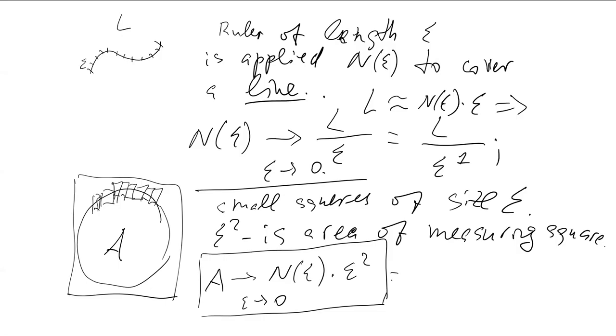And from here we can say that the number of boxes required to cover our planar object tends to the area of the planar object divided by epsilon squared, when epsilon tends to 0.